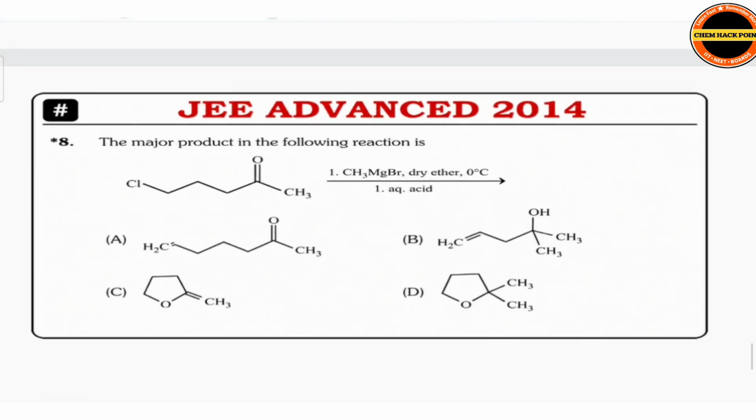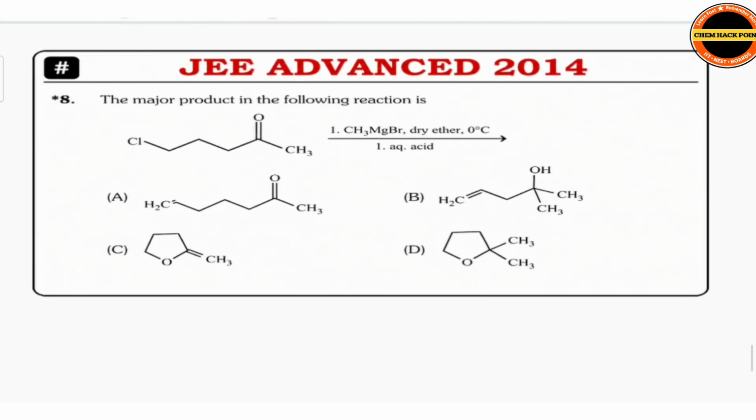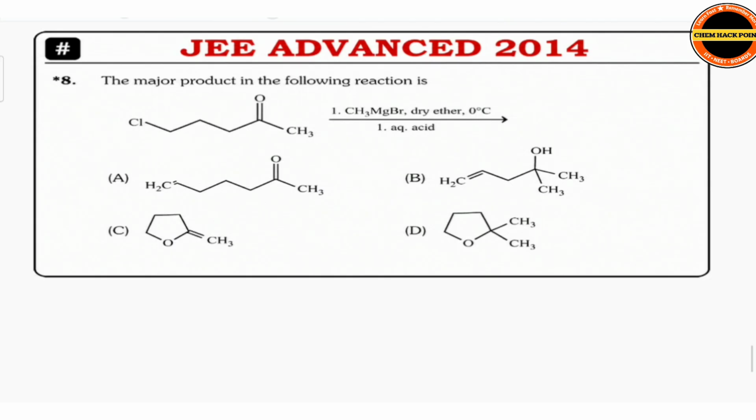Next, a JEE Advanced 2014 question. CH3MgBr, diether, aqueous acid, they mention. So observe the question here, what they gave. In this case, the reactant given is CH3MgBr, again a Grignard reagent. So what happens? The Grignard reagent first attacks the CO group, that is the carbonyl group, we know.